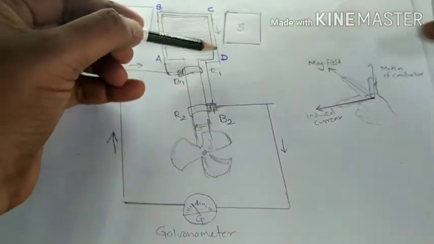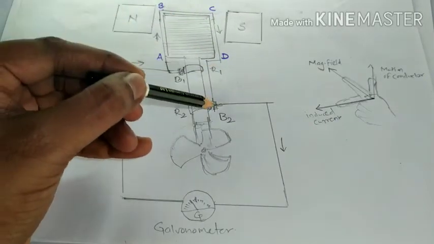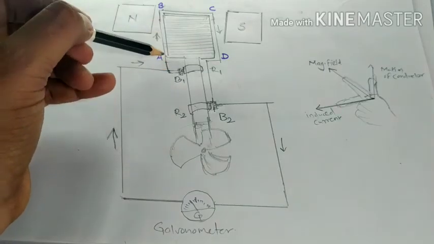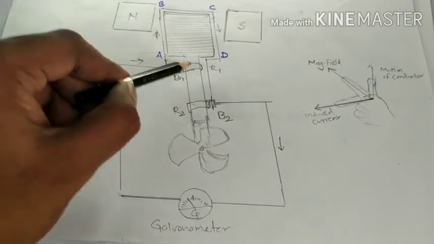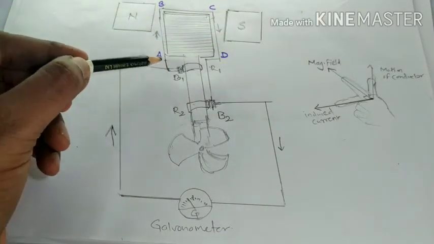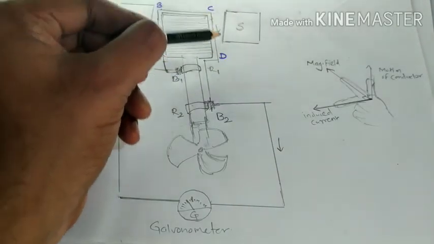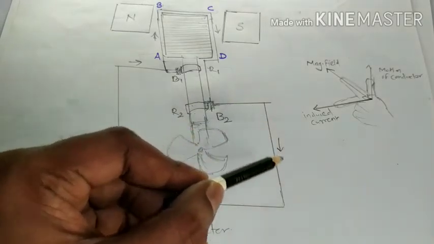When the circuit is completed, the current produced in the branches AB and CD flows in the direction A to B and C to D. Thus the current flows from A, B, C to D as it rotates. In the external circuit, the current flows from B2 to B1.